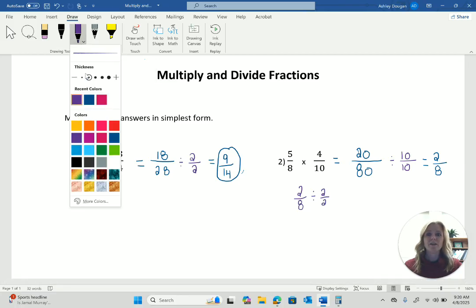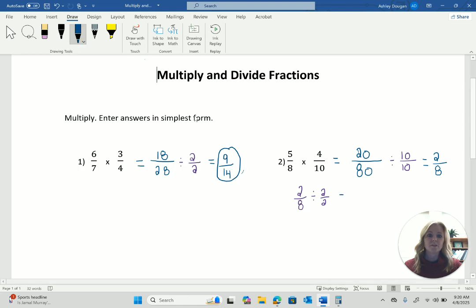Reducing it by 2, I'm dividing top and bottom by 2, and I get 1/4. And that would be my simplest form. You could have simplified it by 20, and you would have just had one step. Again, there are several things that you could have reduced 20 over 80 by, but you should all get to 1/4.